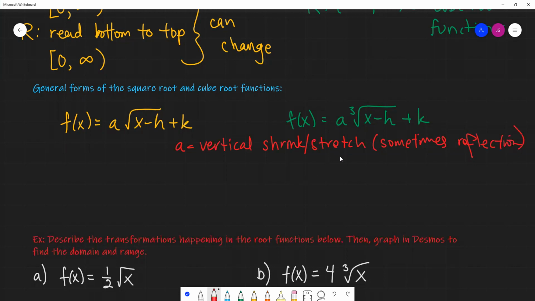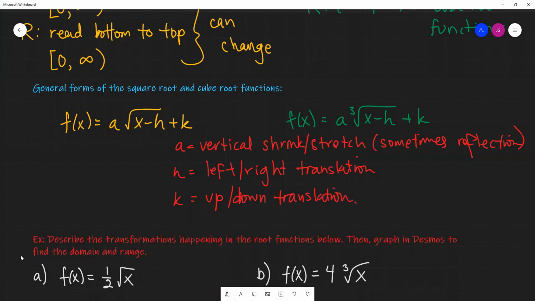H is horizontal translation, and we'll say left/right translation. But just know that officially it's called horizontal translation. And then k is up/down translation or vertical translation.